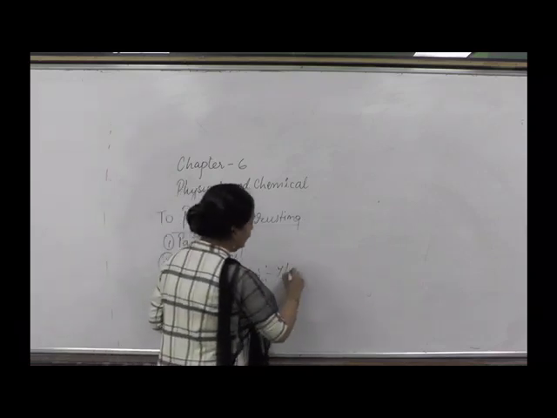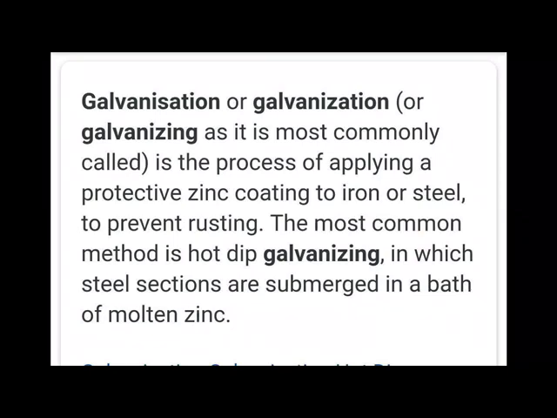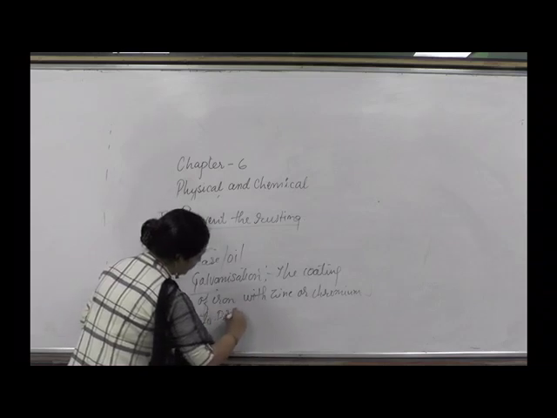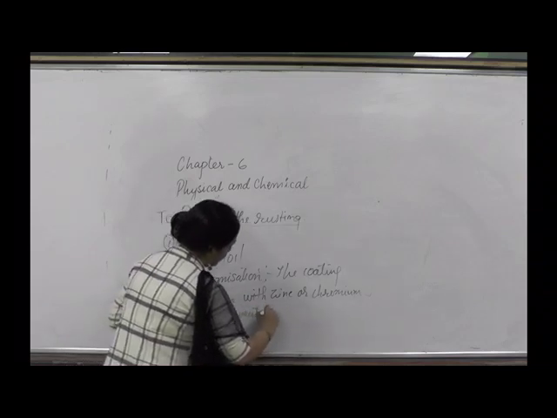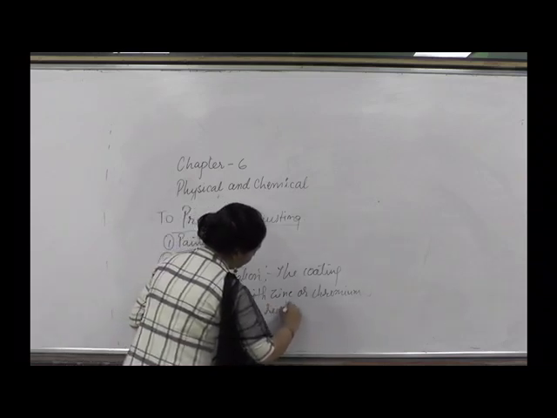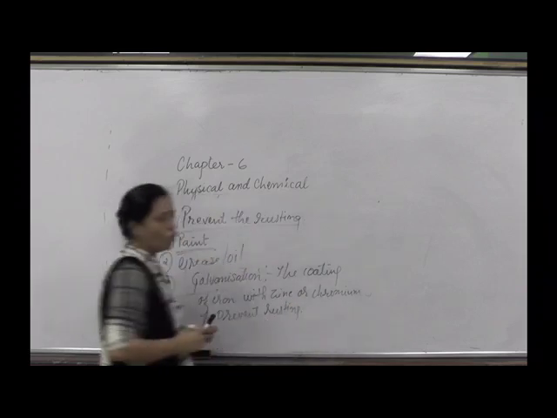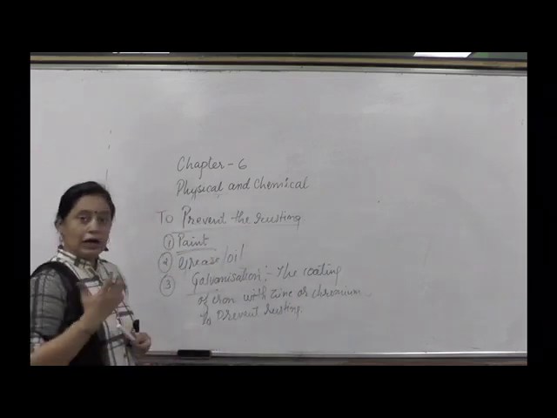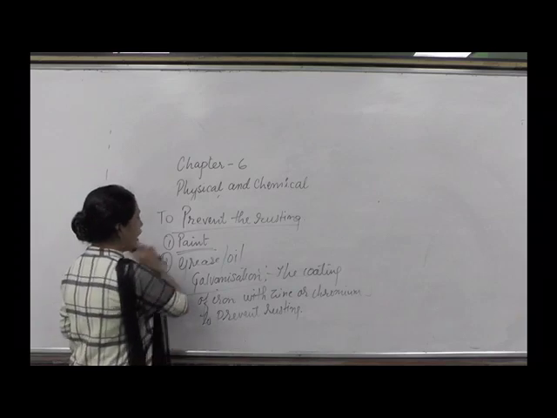The coating of iron with zinc or chromium to prevent rusting is called galvanization.